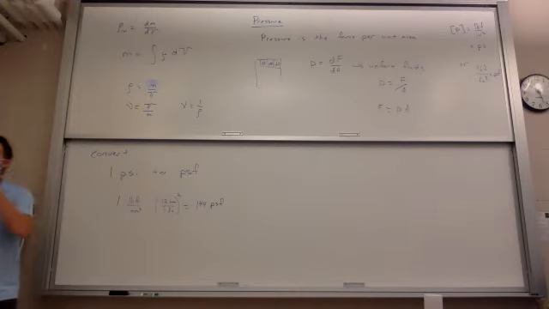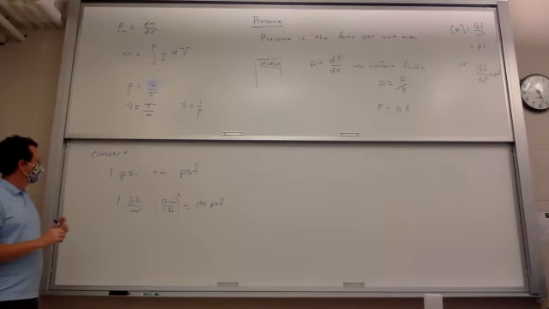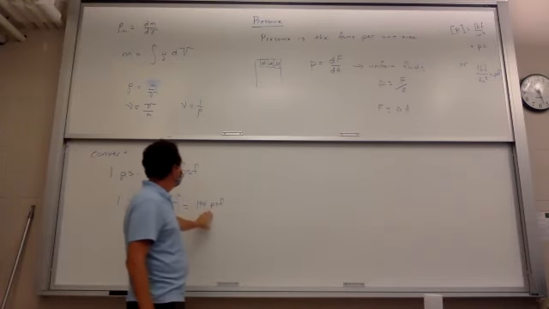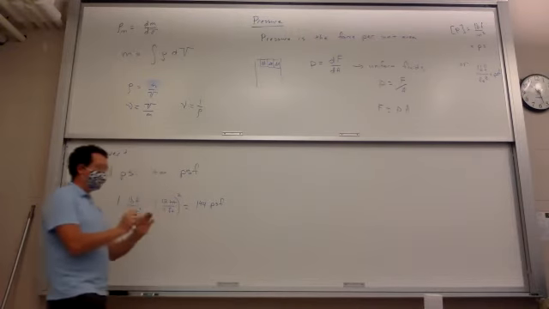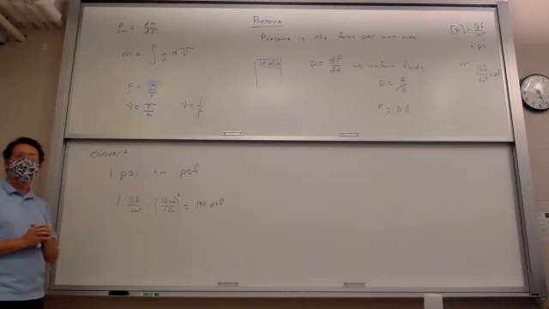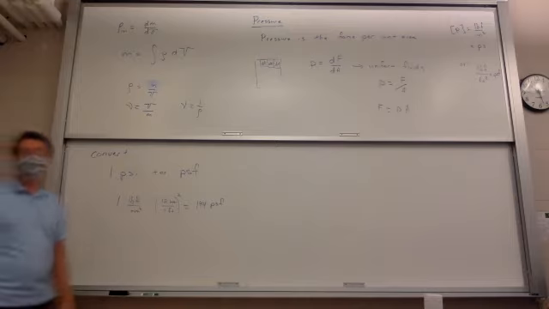So the conversion is 144, which kind of makes sense, because as you're going from square inch to square foot, you're growing. 1 square foot is made up of a whole bunch of square inches, so it's going to get bigger.